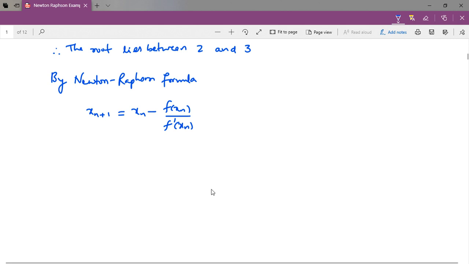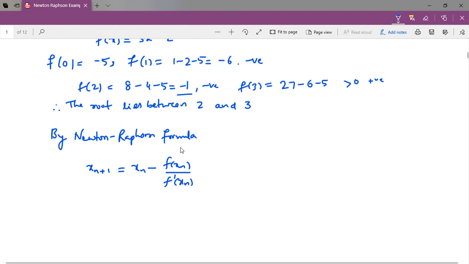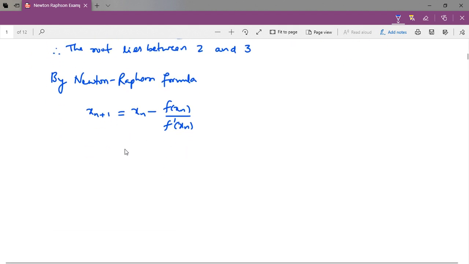As we have seen, f of 2 is minus 1, which is very close to 0, and f of 3 is 16, which is very far away from 0. So the root is nearer to 2, therefore take x naught as 2.